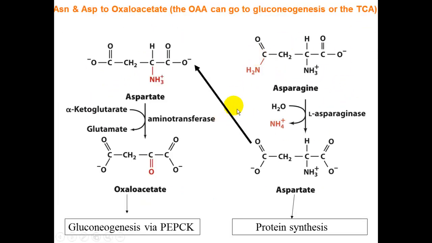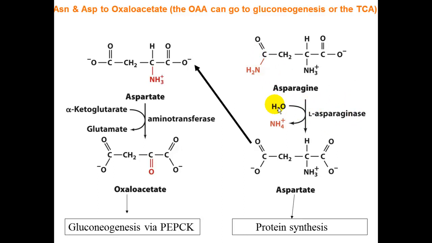So here you see asparagine getting converted to aspartate, and asparaginase actually strips this. Now, this is not an oxidation-reduction reaction as you saw before in the previous slide with glutamate dehydrogenase. This is just more of a hydration reaction. You can see water splitting this bond. We saw a similar mechanism with arginase.